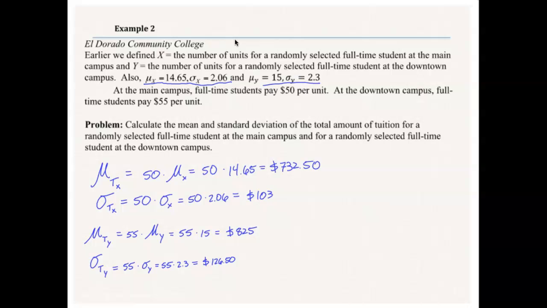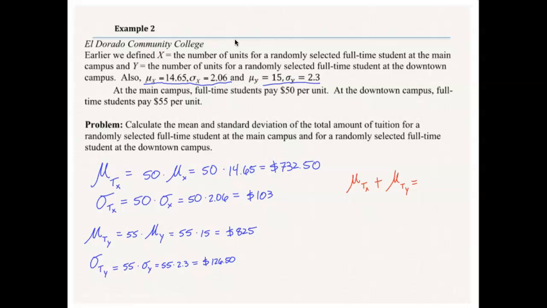Great. So now we have the mean and standard deviation for tuition for both campuses. And we can answer our question, which is calculate the mean and standard deviation of the total amount of tuition for a randomly selected full-time student at each campus. So basically what I want is mu of tx plus mu of ty, right?